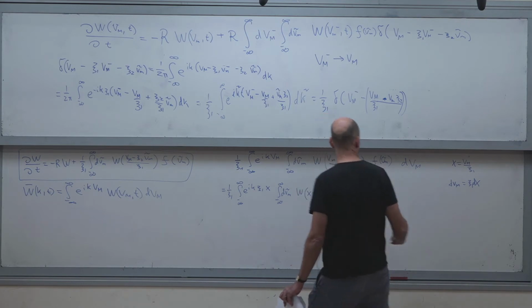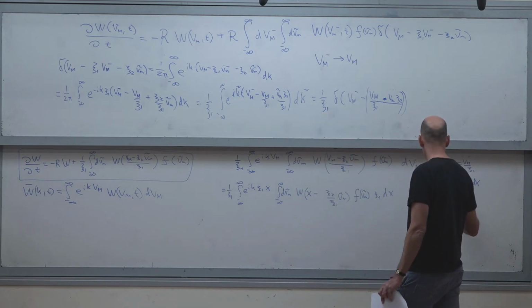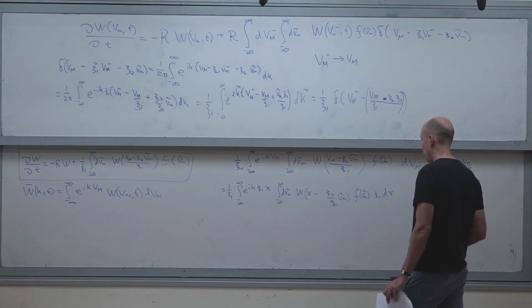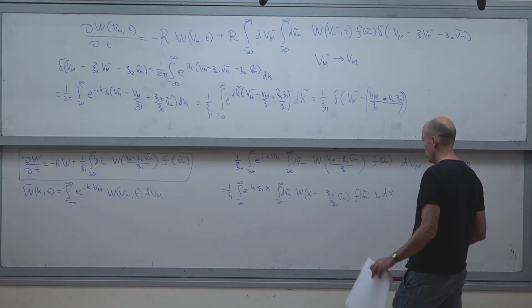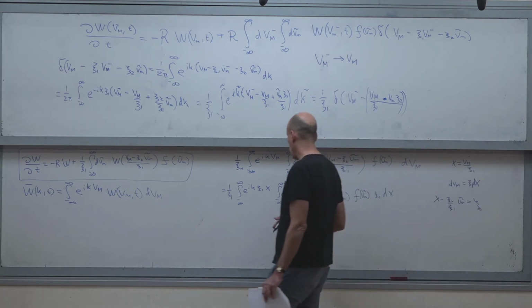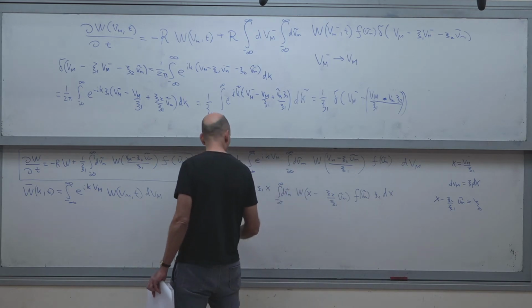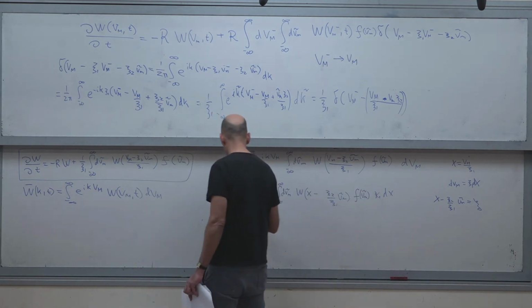Now we'll do another change of variables. x minus psi2 over psi1 Vm tilde, I could do it in one step, but this is y. So first of all, this cancels and this cancels.